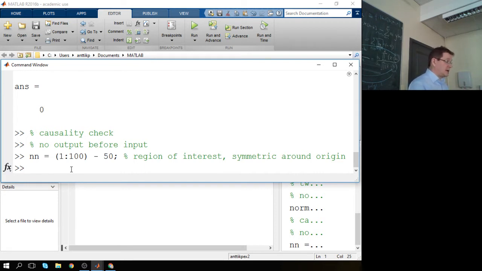Okay, and then I also need the unit step function. So the Heaviside function, which was just double n is greater than or equal to 0. All right, so this is the Heaviside.